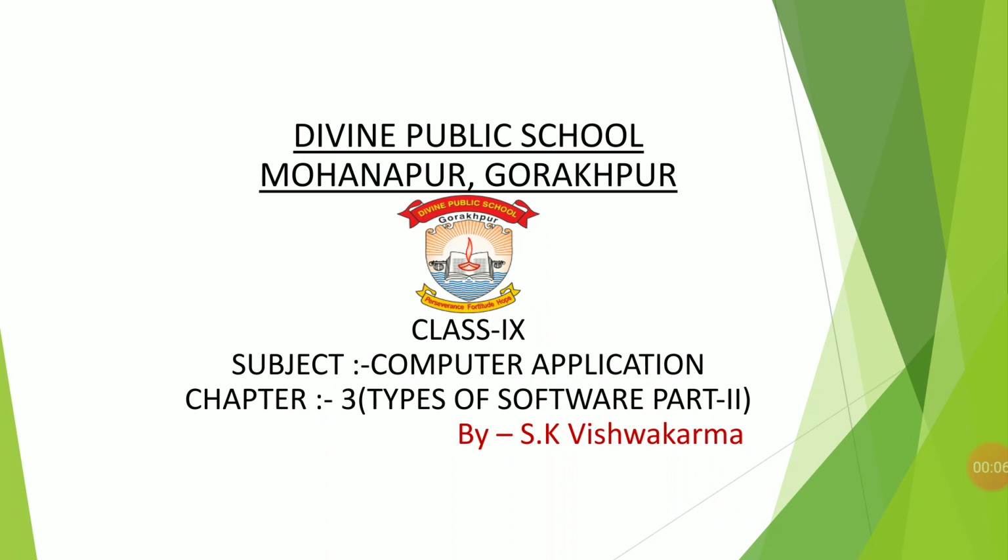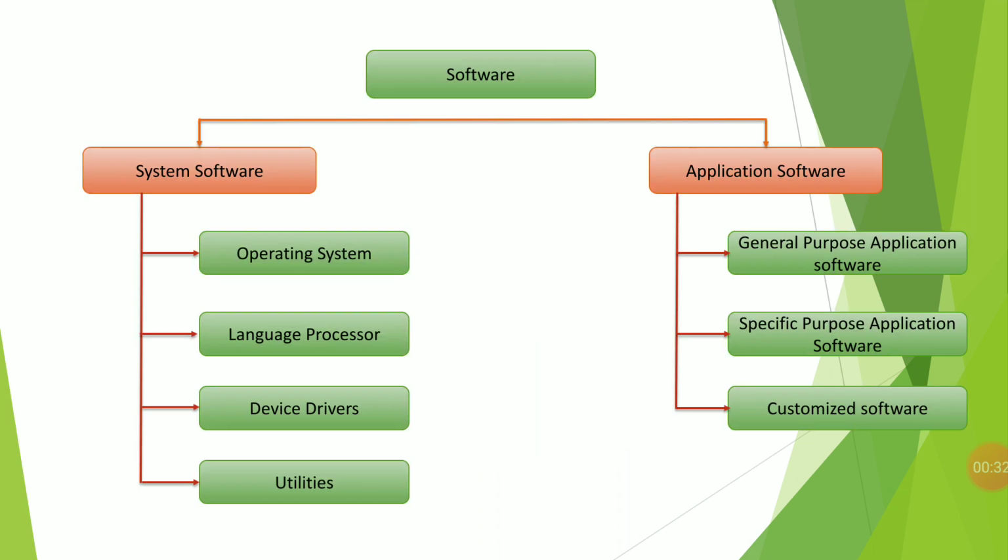This video is for class 9th, chapter number 3, types of software part 2. As we already started this chapter, in the previous video we discussed the classification of software. As I told you, software is classified into two parts: system software and application software.